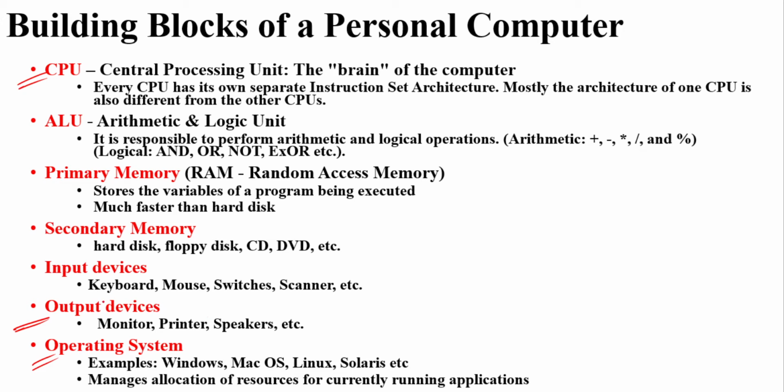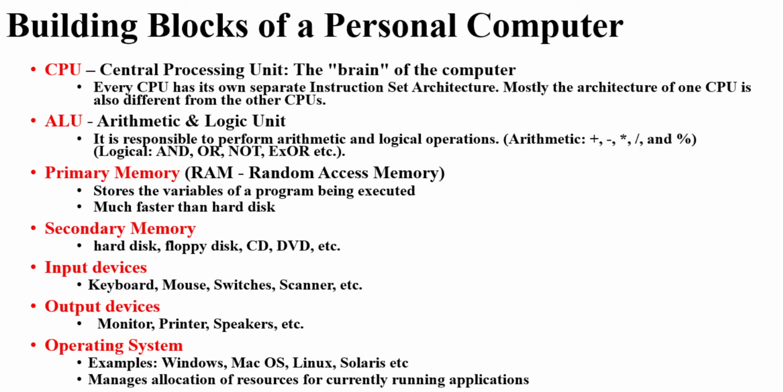There are many operating systems available in the market, like Windows, Mac operating system, Linux, Solaris, and so on. For example, in mobile, we have Android, which is Linux-based, and so on. So operating systems are the software which controls the communication and resource allocation for all these hardware devices.